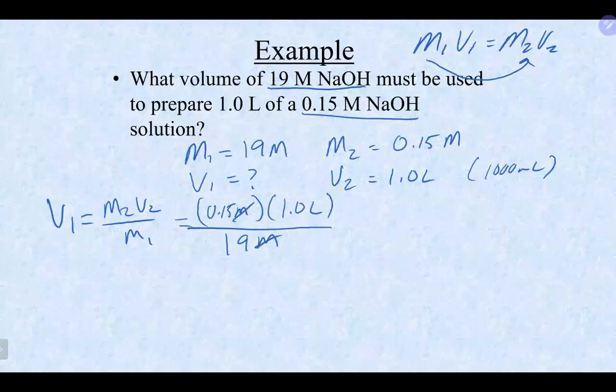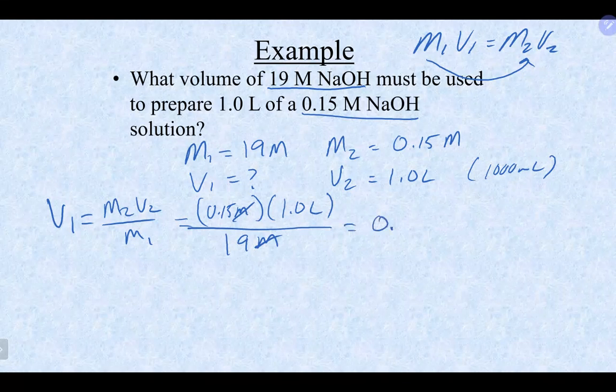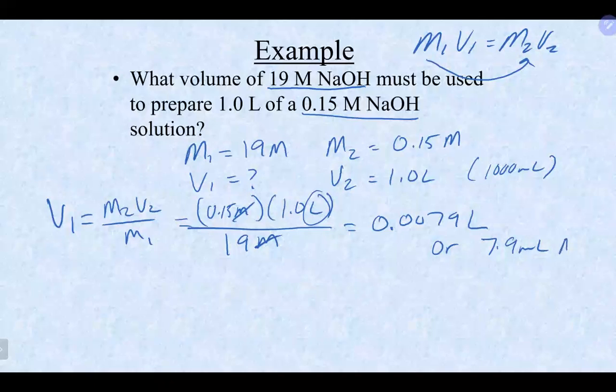The molarities here will cancel, and that will get us 0.15 times 1, basically, divided by 19. Going to give us 0.0079 liters, as the units are liters, or approximately 7.9 milliliters of our sodium hydroxide.